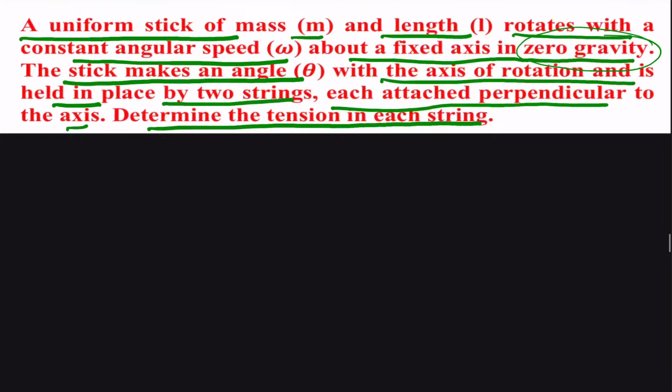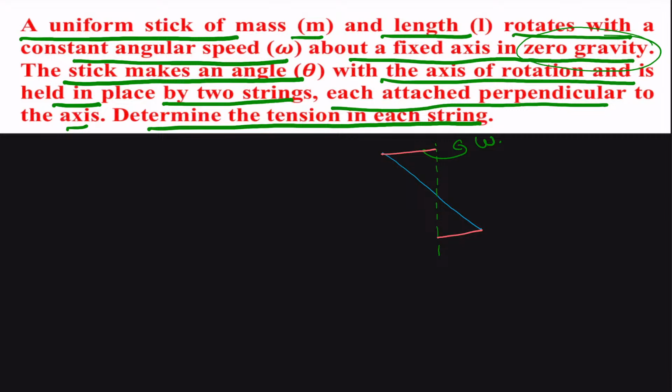And we are given that it is a stick. So let us suppose this is a stick, and this is our vertical axis. It is rotating around this with our omega, and there are two strings that are attached, something like this. Okay.